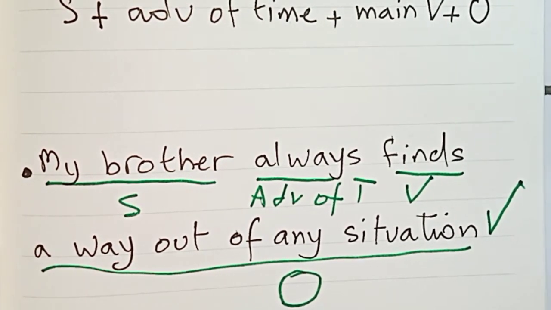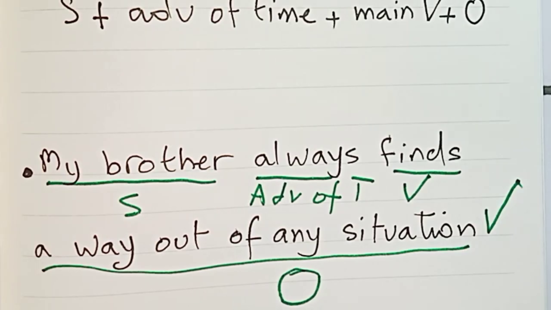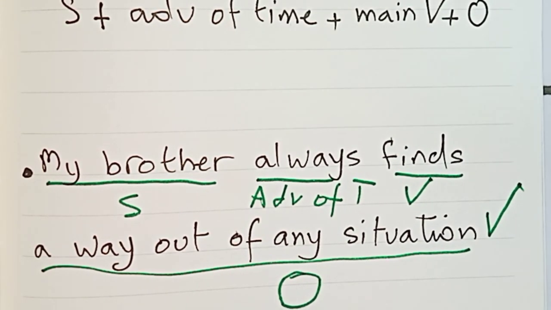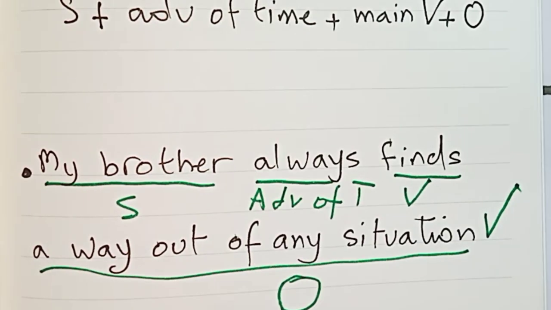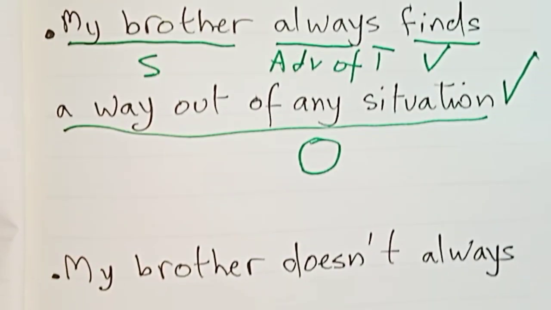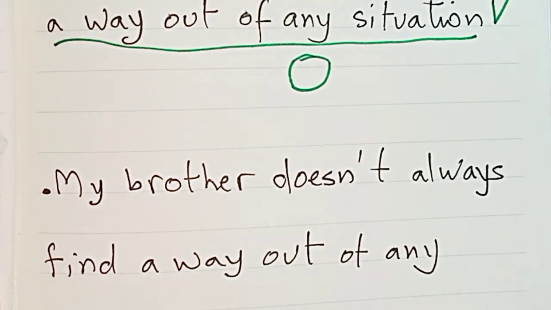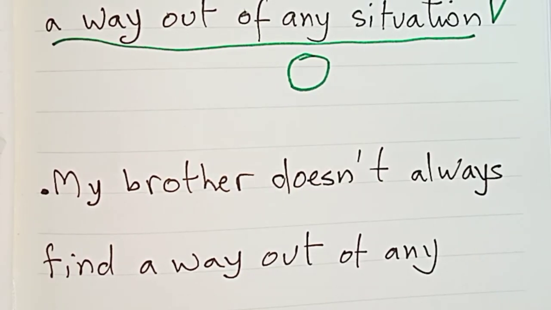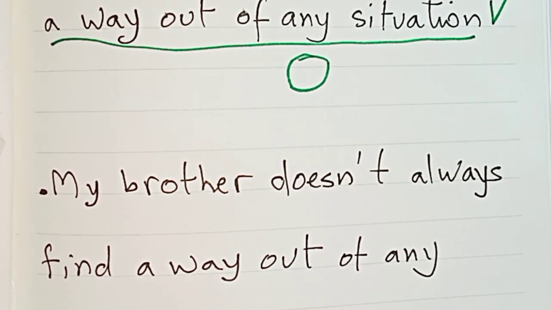Actually, we can place the adverb of time before or after the auxiliary verb when the sentence is negative. If the sentence is negative, always comes after the auxiliary verb.